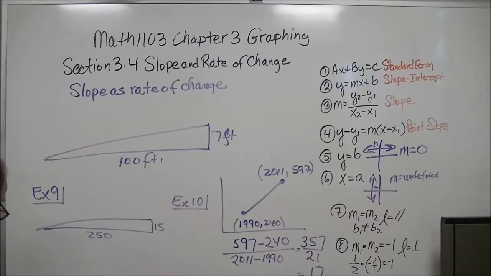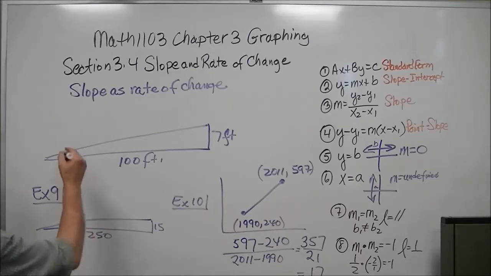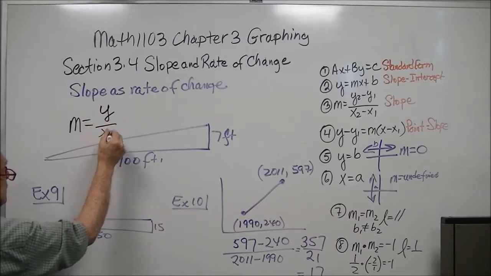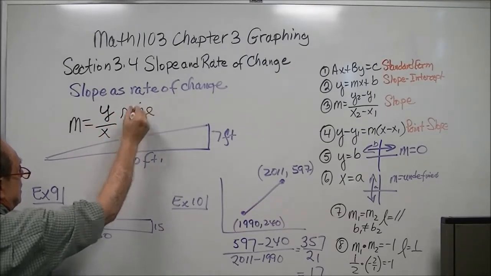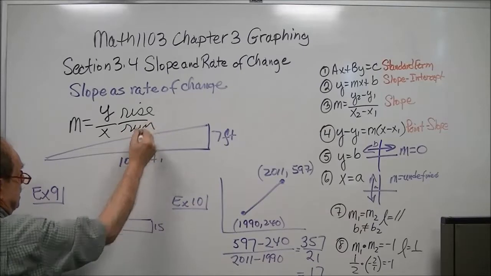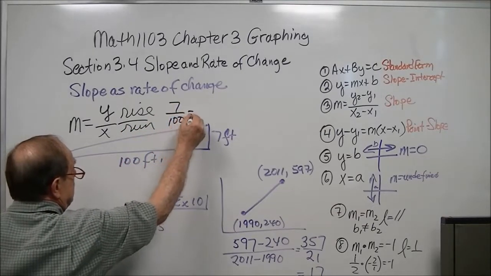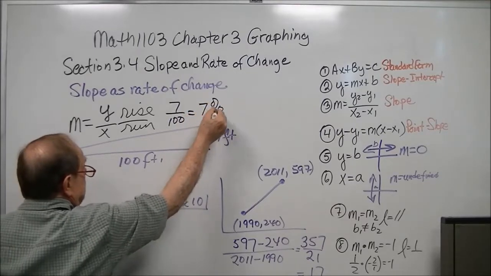Well, again, we're using the standard of slope is y units over x units, or rise over run. So this is simply going to be 7 over 100, which is 7%.